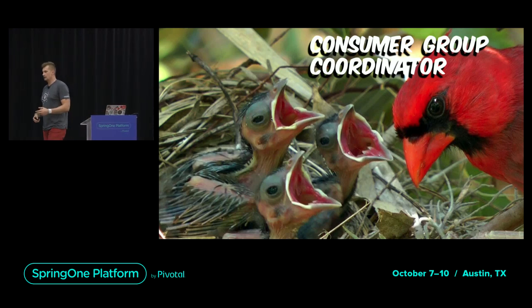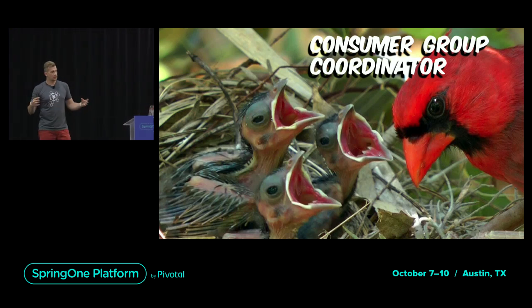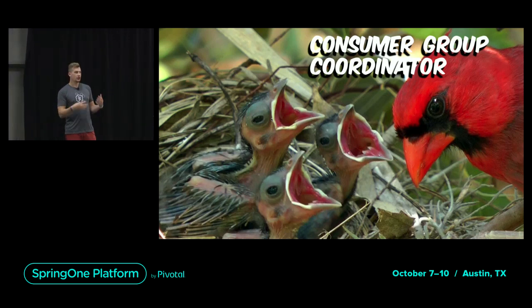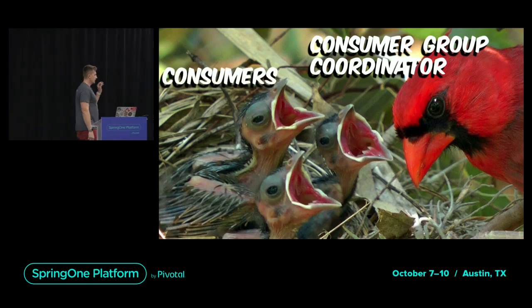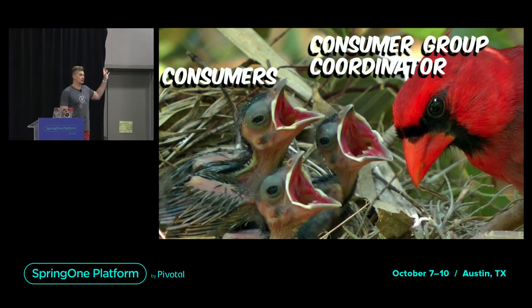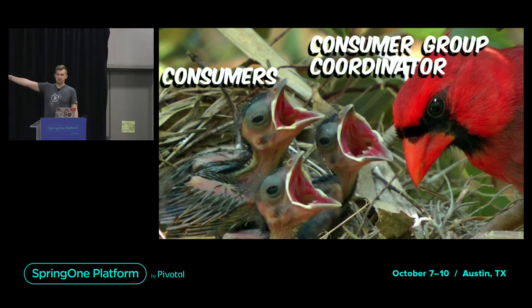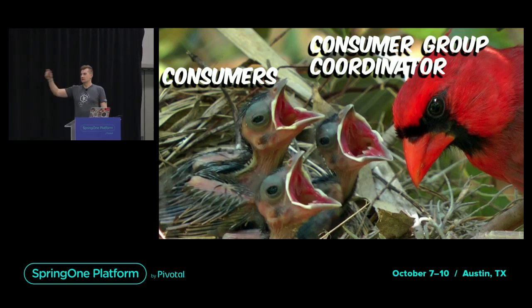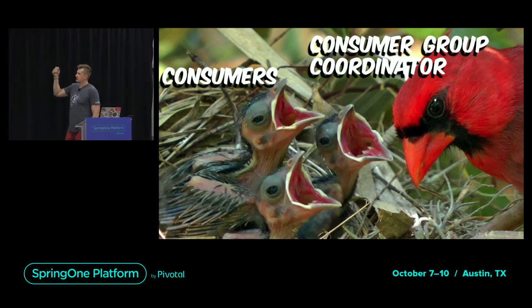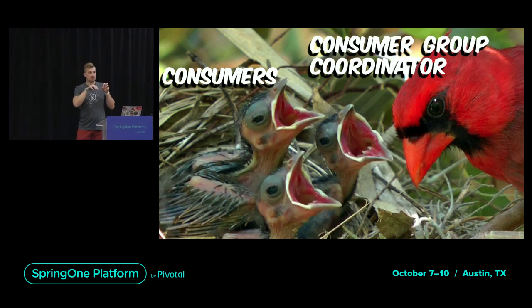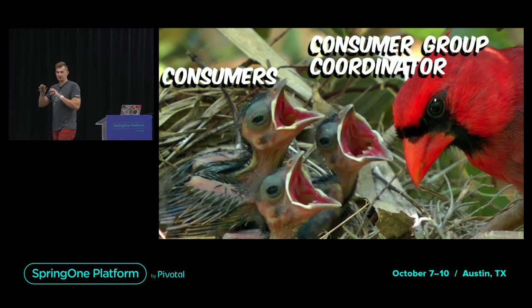If you want to scale your reads and increase the speed at which you consume a particular topic, you bring more consumers into the consumer group. If a new baby bird hatches, and if you didn't get the idea of partitions, these worms that the mommy bird feeds the baby birds are actually partitions.